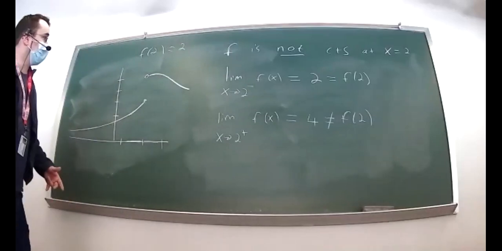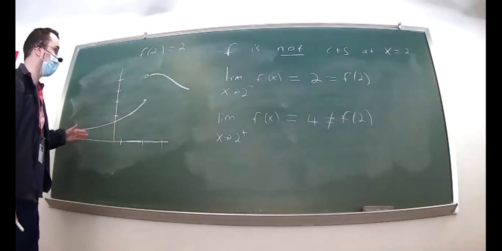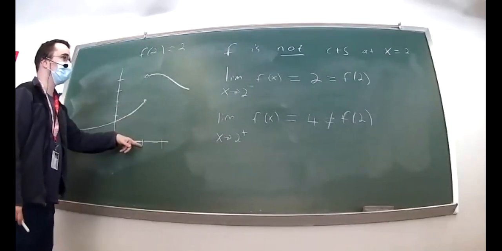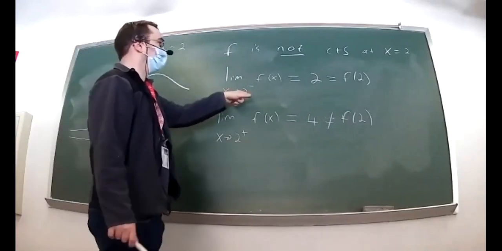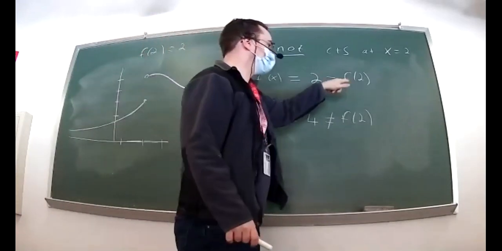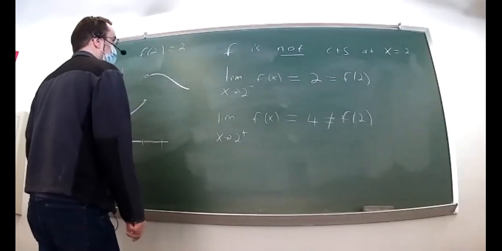And that gives me an idea for a new definition. I'm going to say that the function is left continuous at x equals 2 if the limit from the left as x approaches 2 is equal to f of 2.